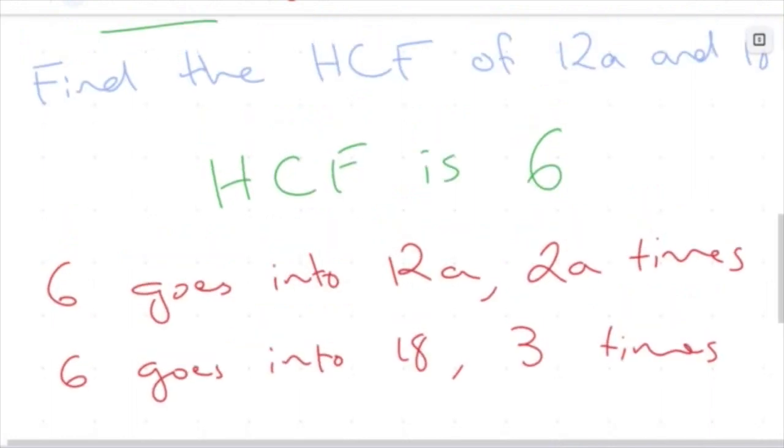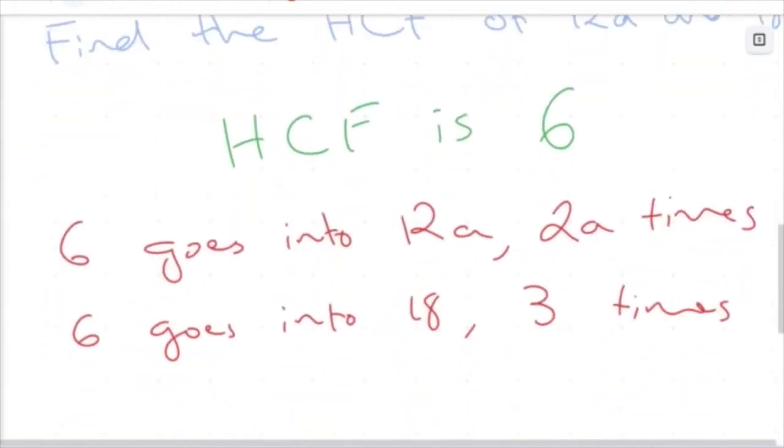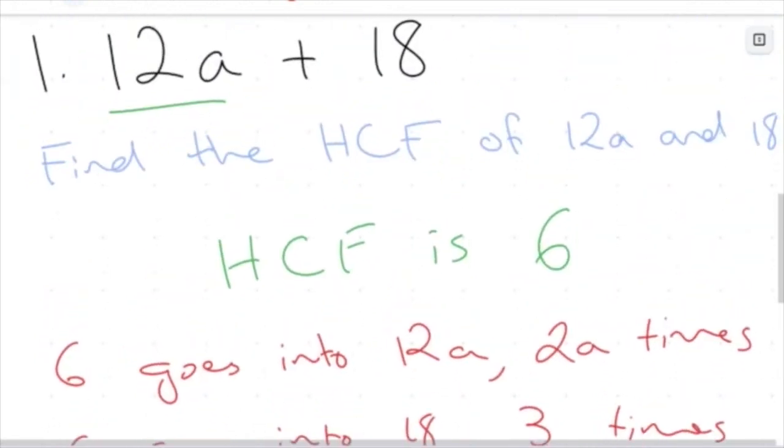So factorization is to expansion kind of like what division is to multiplication. I want to find out what number goes into both of these and what bracket form I had before I expanded to get to this.